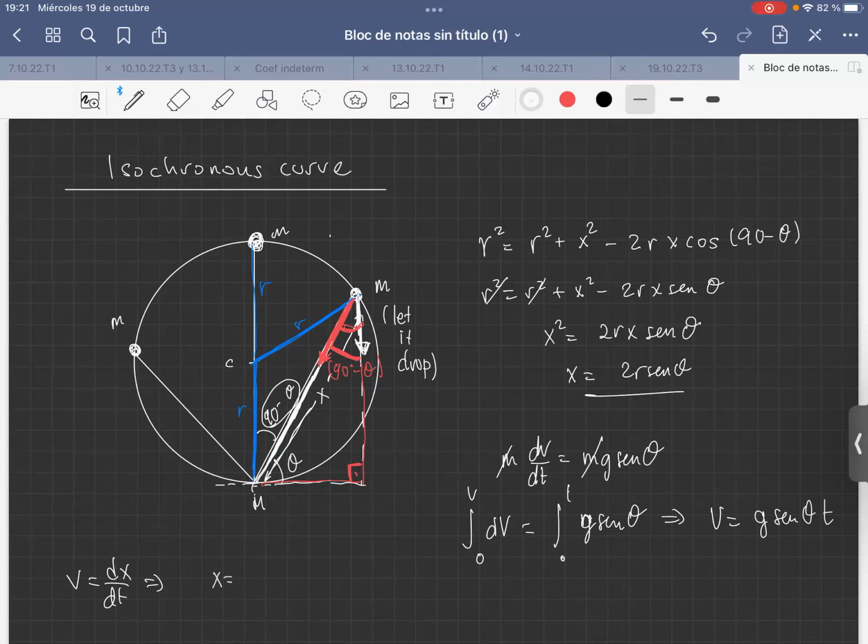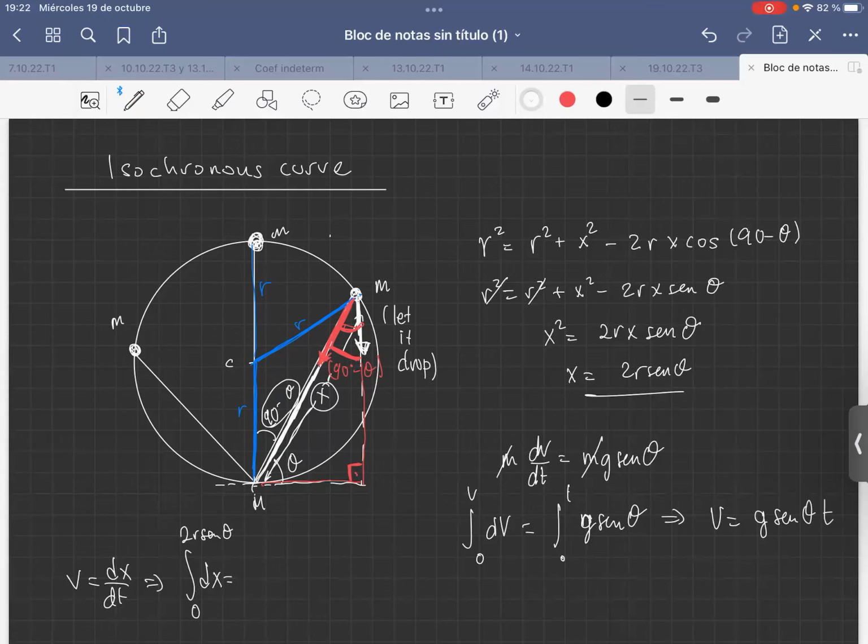So x will be just the integral between 0 and the initial point. But what's the initial point? Well, we said that it was 2r sine theta. That's the distance, precisely the x that we calculated, that it has to go through.